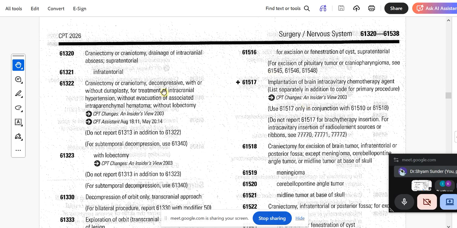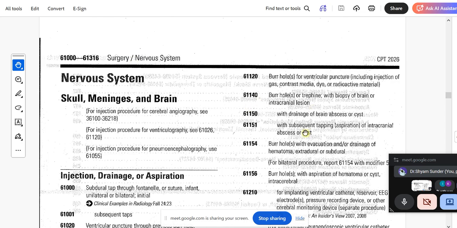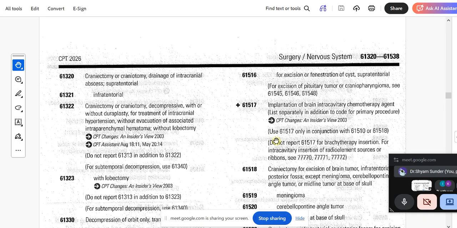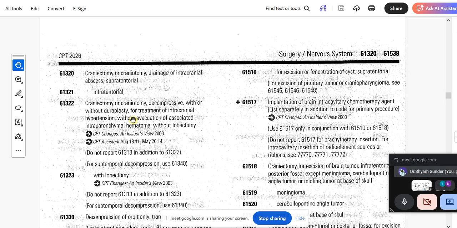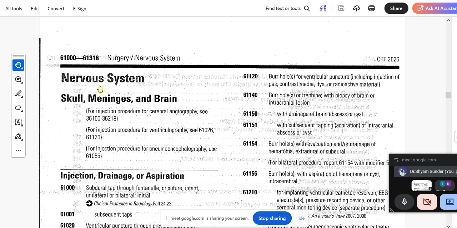Now this is more extensive. Craniectomy or craniotomy, drainage of intracranial abscess, supratentorial. 61320. See the difference between 61320 and this one, 61150.